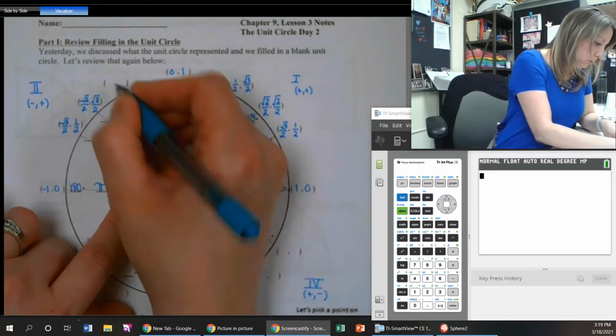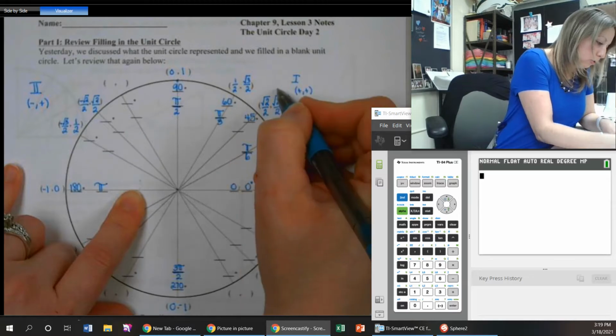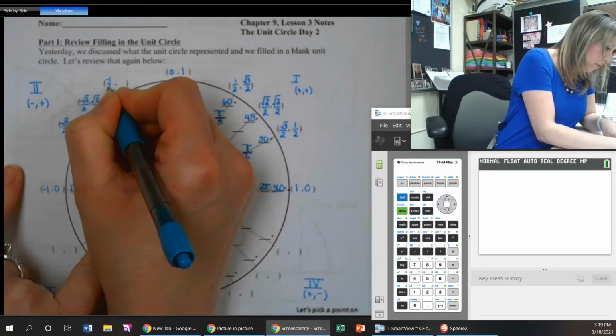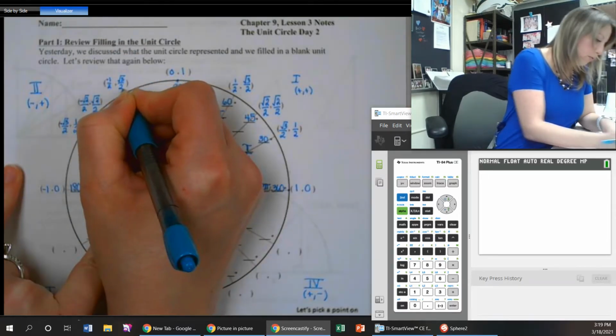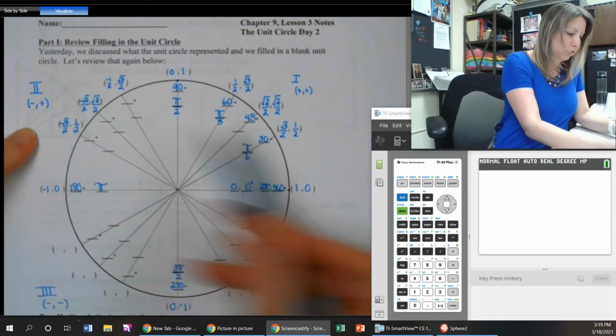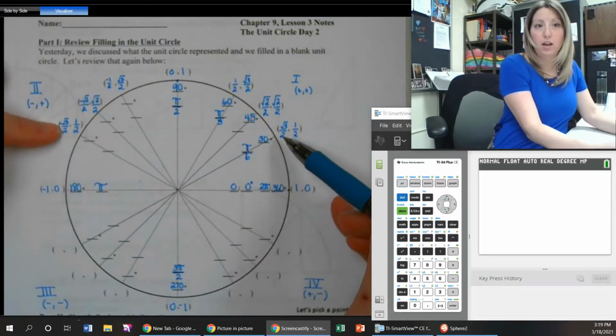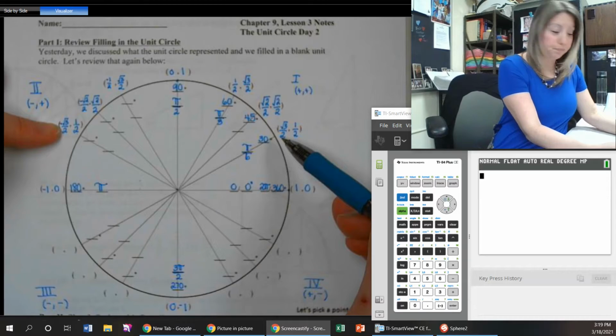Here's the reference angle. So this is the 60-degree reference. It's just the opposite. It's negative 1/2, positive radical 3 over 2. So notice those just switched to have negative values in all the x coordinates.